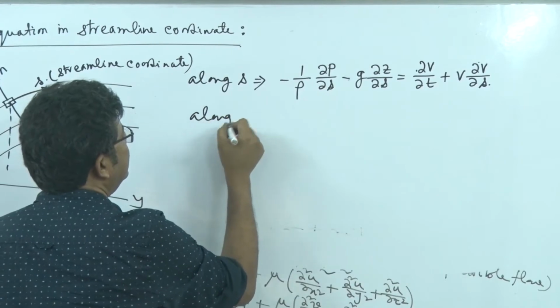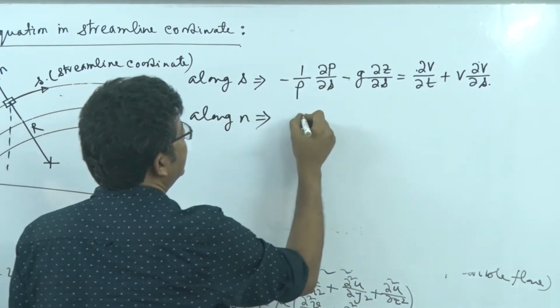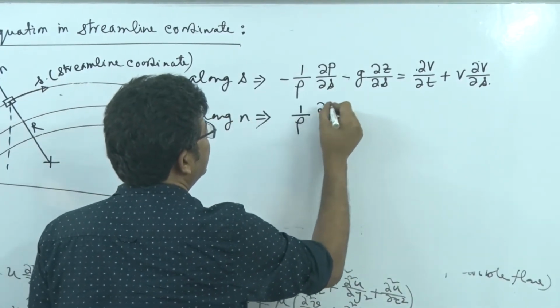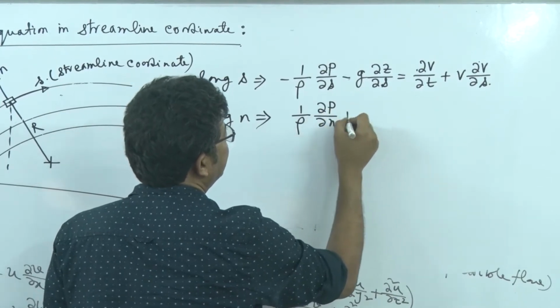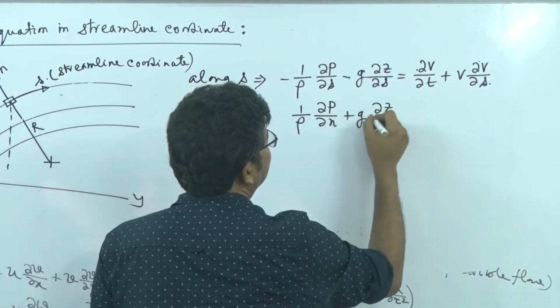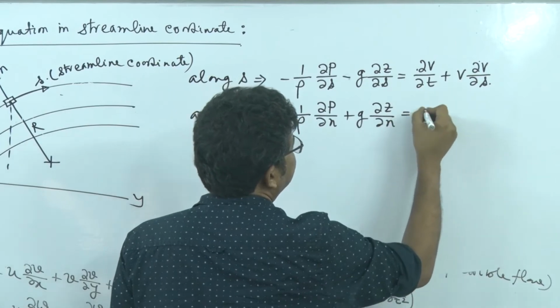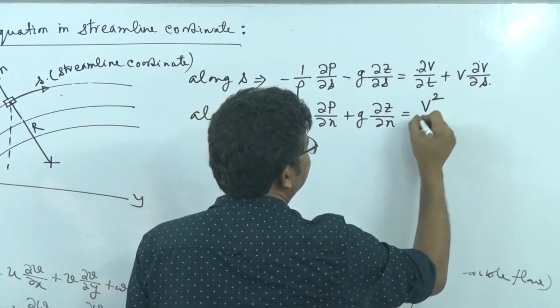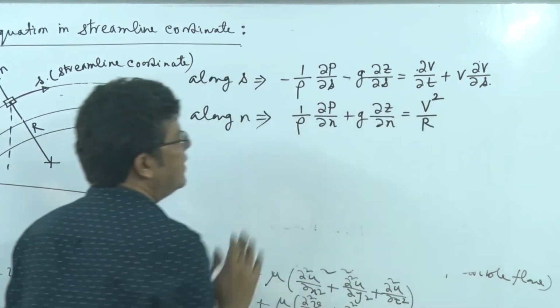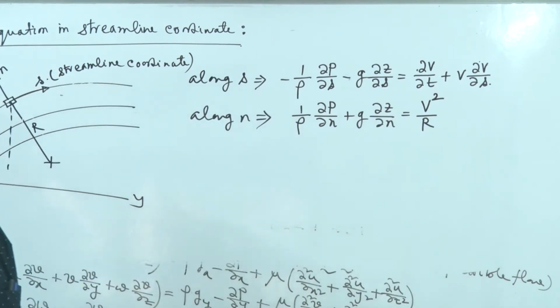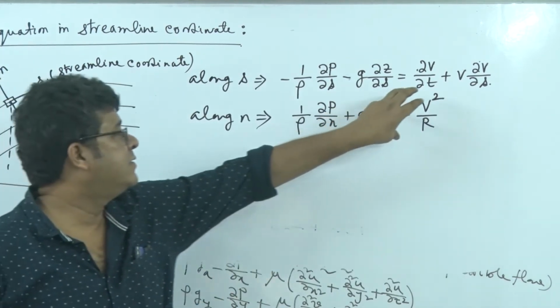And along N direction, it will be 1 by rho del P del N plus g del Z del N is equal to V square divided by R. And this is very, very important, because once you are changing the coordinate system, pseudo force.